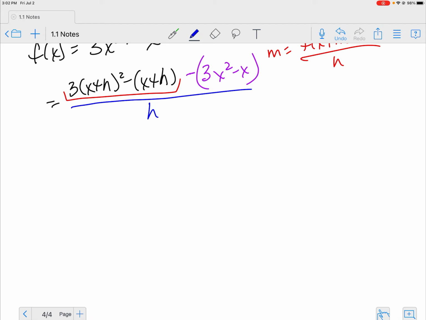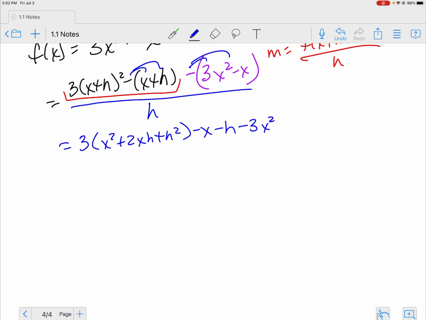Okay, now algebra. We just have a little algebra to do. This is a binomial, so use your shortcut. Square the first term, multiply them together by 2, and square the last term. And then distribute that negative, so minus x minus h. Distribute this negative, minus a 3x squared plus x.